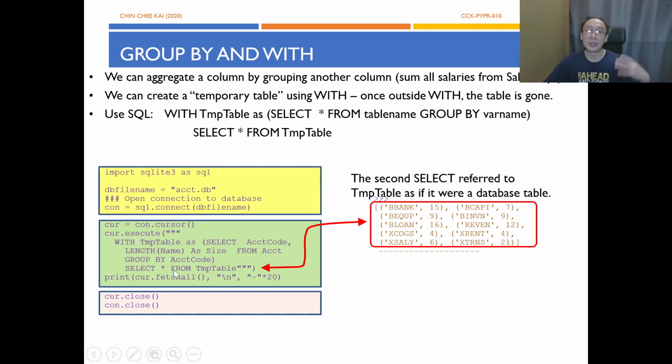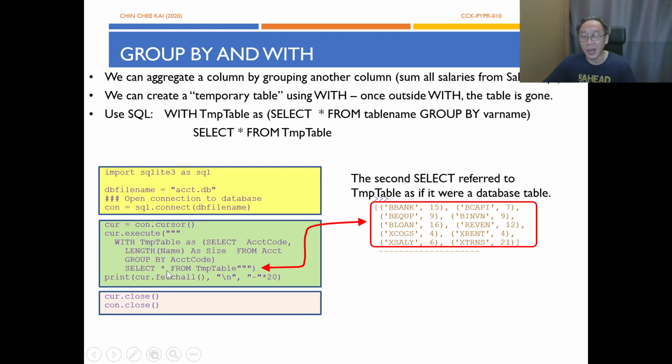And the fact that it runs successfully and showing us this account code, comma, what is that? The length of the characters in the name description, the name column, but which isn't being selected here, shows that this with actually works and works really well, because when we say select everything from temp table, we see that it's being constructed with only two columns.